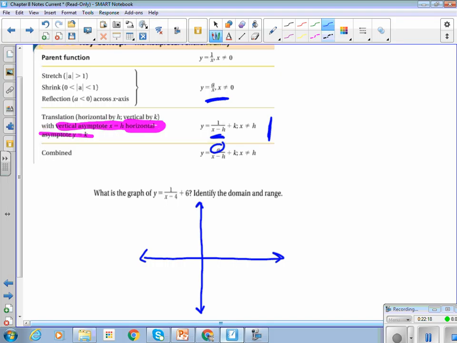Let's figure out A, H, and K. Thankfully, comparing it to this function here, A is 1, so there's no stretch, compress, or reflection. H is 4, and K is 6.